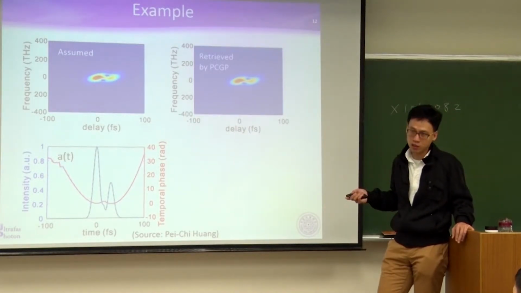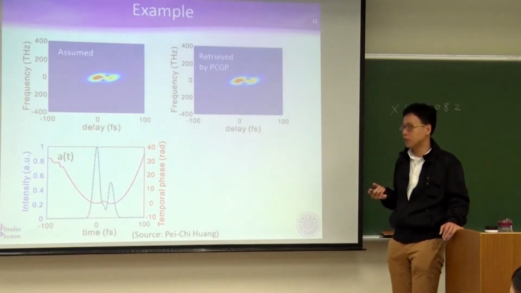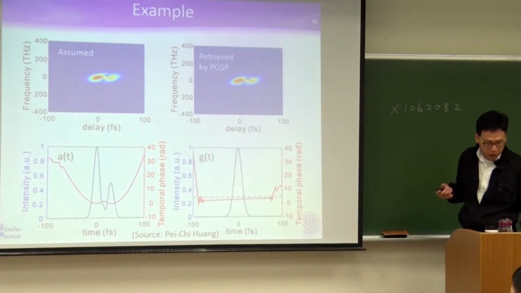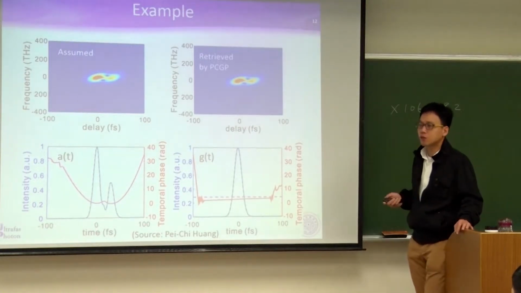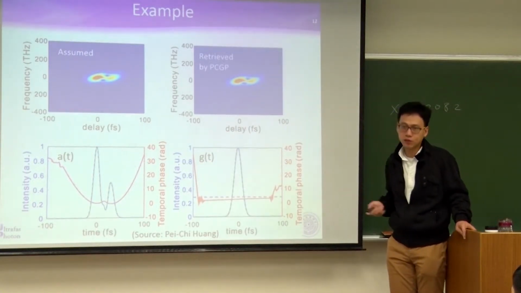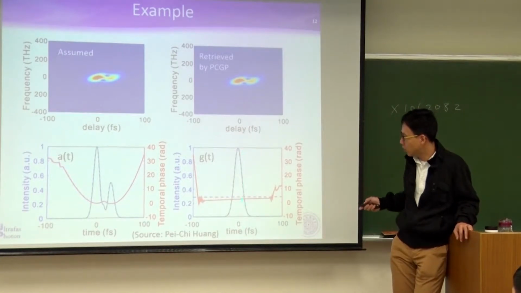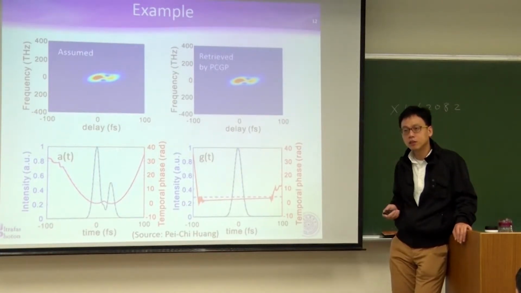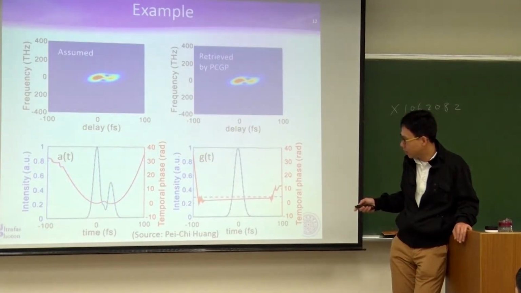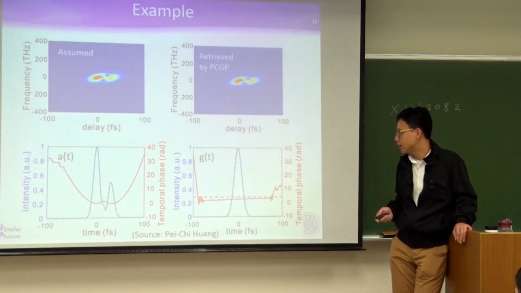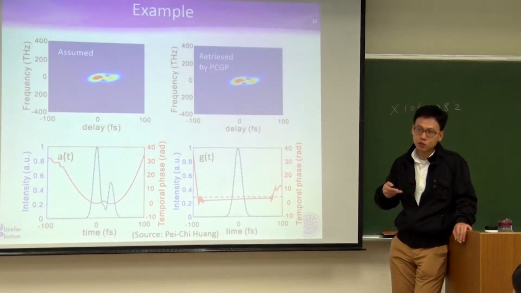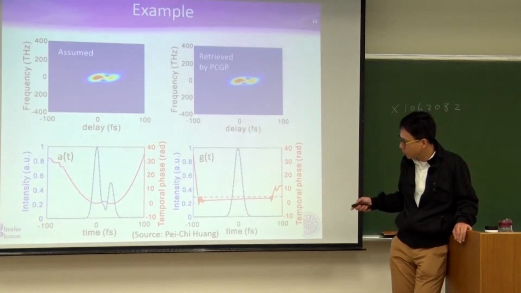They almost completely overlap, so the reconstruction result is very good. And the right figure shows the retrieved gate pulse G of t. Again, you see almost overlapped temporal intensity, but this time a slightly different temporal phase, but not big. Because here the flat curve means the original temporal phase is flat, it's a chirpless pulse. And then the red curve is the retrieved temporal phase.